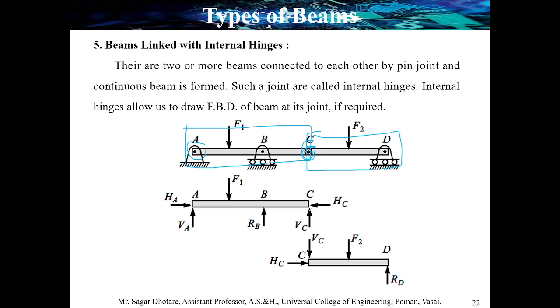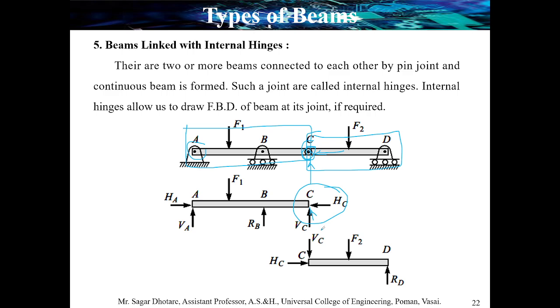So the vertical reaction occurs over here, and a horizontal one because the force acts from this side and this side. That's why in this first beam, at the end, the vertical component is upward, and the horizontal component is towards the left.